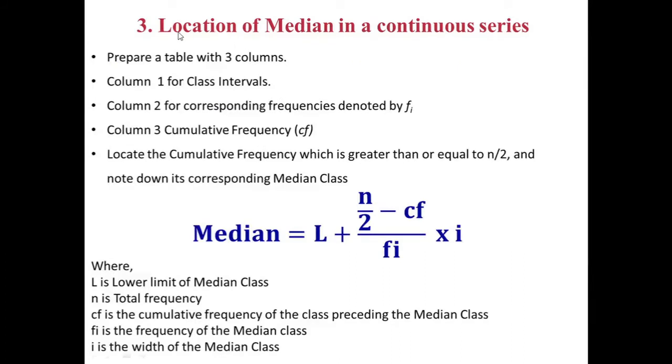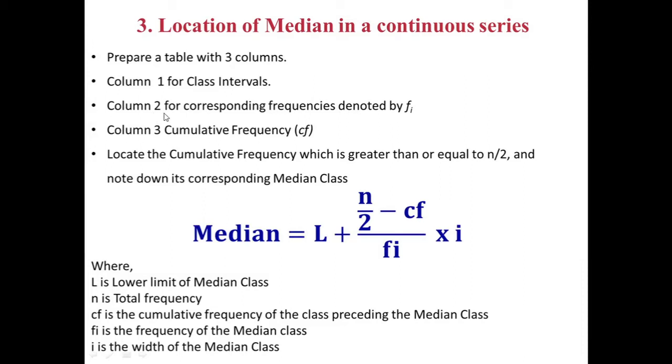Now understand how to locate the median in a continuous series. To find the median of grouped data, we cannot just pick the middle value anymore, since the data is divided into class intervals. Here we have to follow the given steps. First we have to prepare a table with 3 columns. In column 1 we write the given class interval.